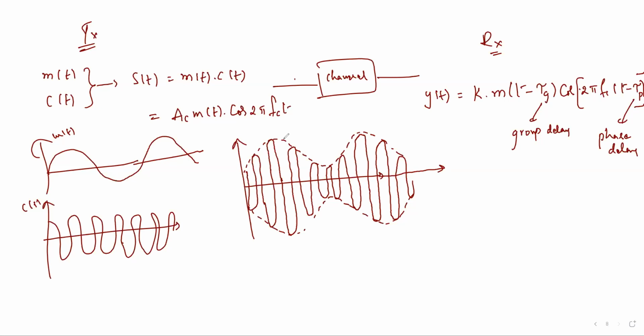Whatever the dashed line is, this is the message signal. Whatever the thick line is, that is the carrier signal. The delay in the carrier signal is taken as phase delay. The delay in the total envelope, see, this is called the envelope. The message signal shape is nothing but the envelope.